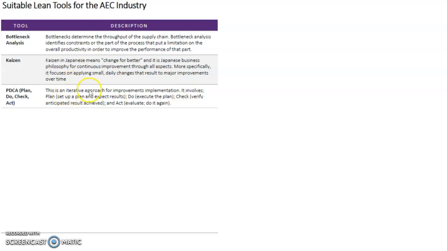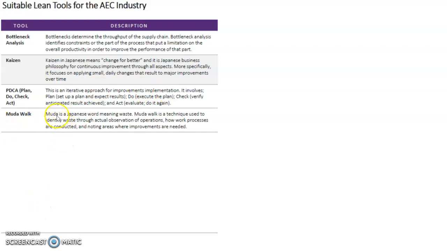It is an iterative approach for continuous improvement in the implementation. It involves planning, to set out a plan and expect results, do, to execute the plan, check, to verify the anticipated result achieved, and then act, which is to evaluate and do it again.